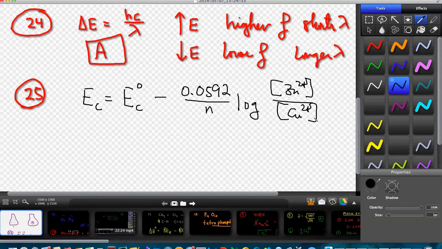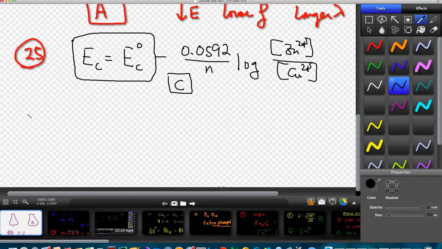If I dilute them both by the same value, the ratio is going to be the same. There will be no change, and E cell will equal E cell standard state. And so the best answer for number 25 will be C.